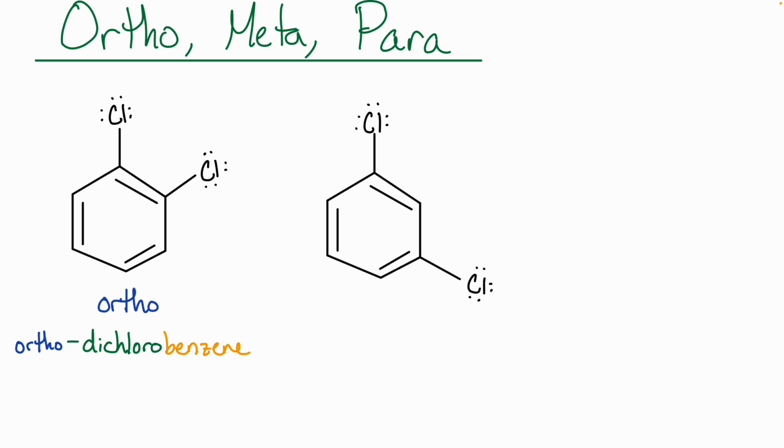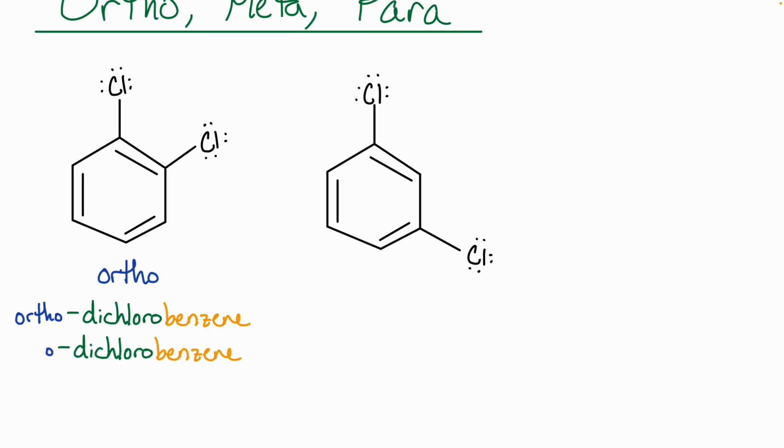You can get lazy and shorten that to just o-dichlorobenzene. That's perfectly acceptable as well. But when they're right next door to one another, that is what we call our ortho isomer.